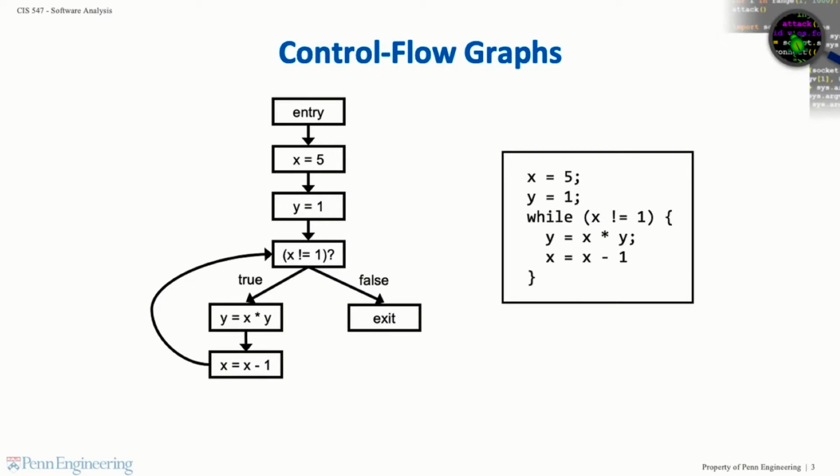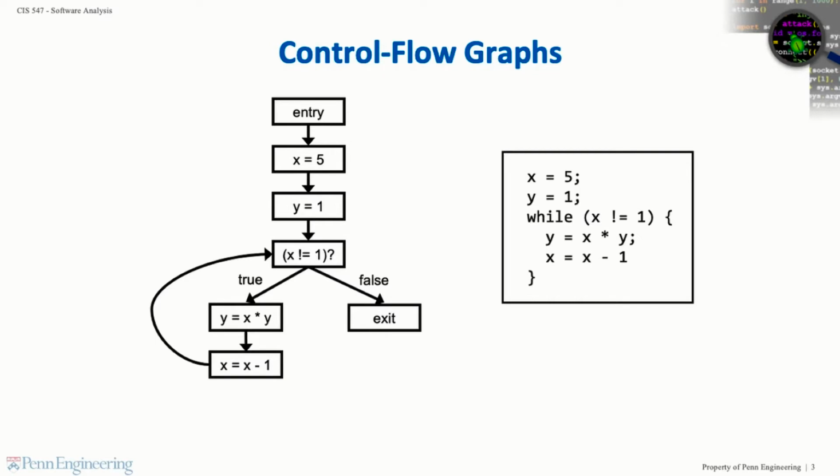Each node in the graph corresponds to a unique primitive statement in the program, such as an assignment or a condition test. And each edge outgoing from a node denotes a possible immediate successor of that statement in some run of the program. Take a moment to convince yourself that the graph on the left is indeed a control flow graph of the program on the right.